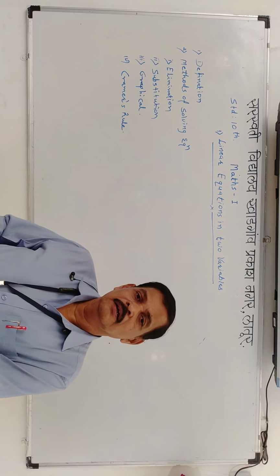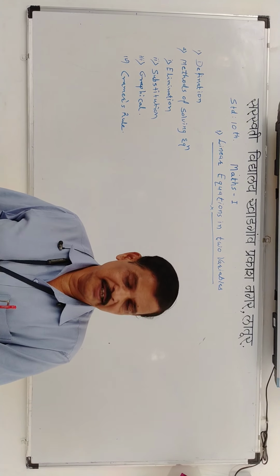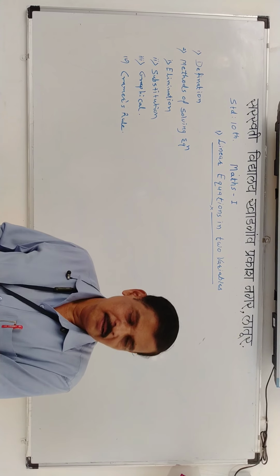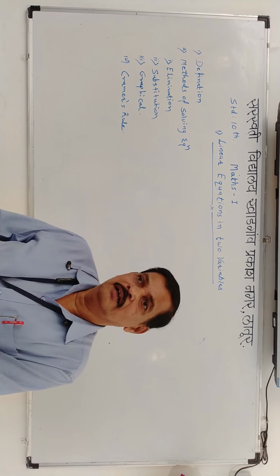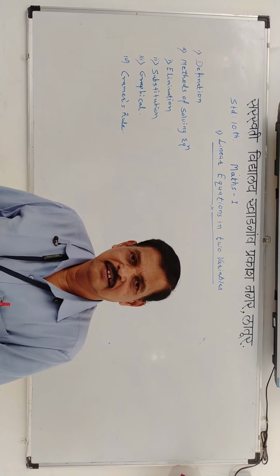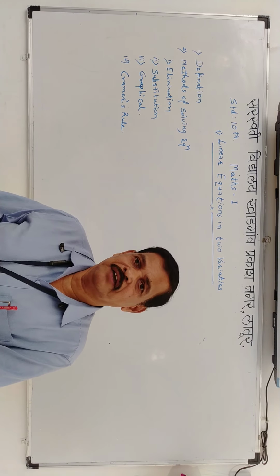Today I shall start mathematics, math first, chapter first, linear equation in two variables. You already learned from 4th standard to 9th standard the various types of equations, and you have solved them.